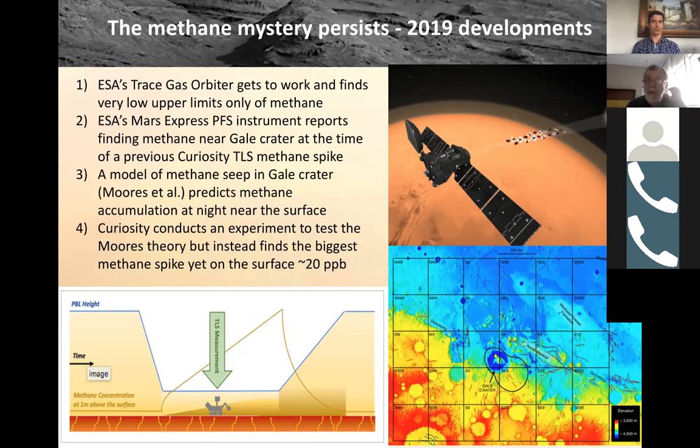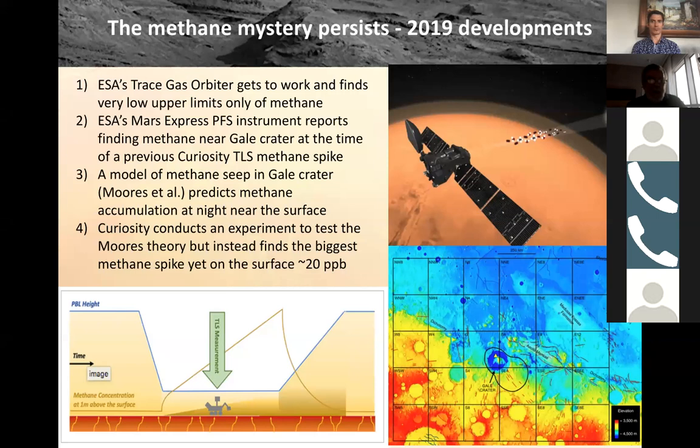And that might explain a few of the observations, because most of our observations were happening at night. So we did an experiment to test this. And instead of finding a small increase in methane like John Moores had predicted, we found a huge methane spike, more than we'd ever seen using our enrichment technique, up to about 20 parts per billion.